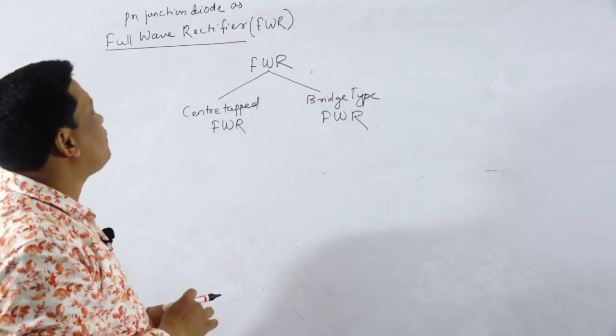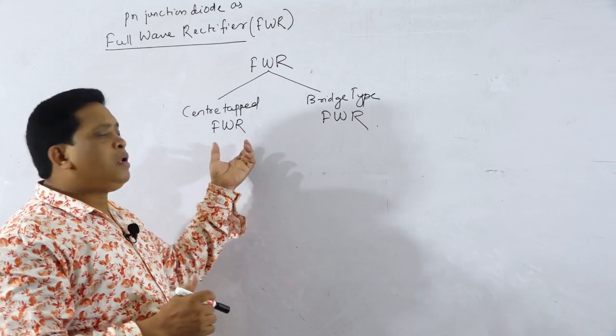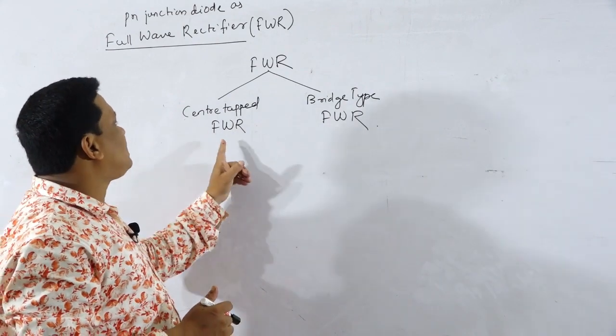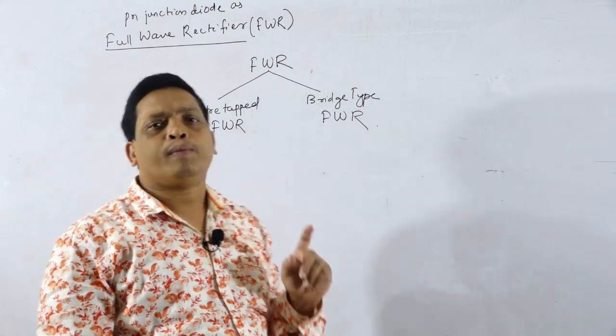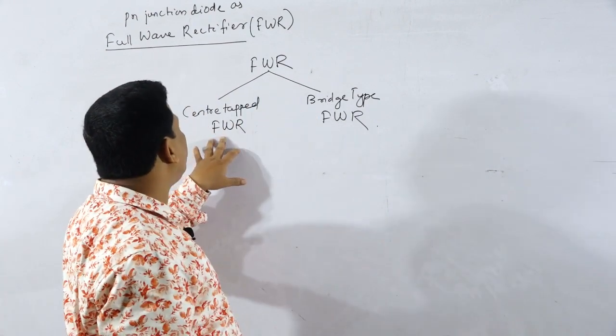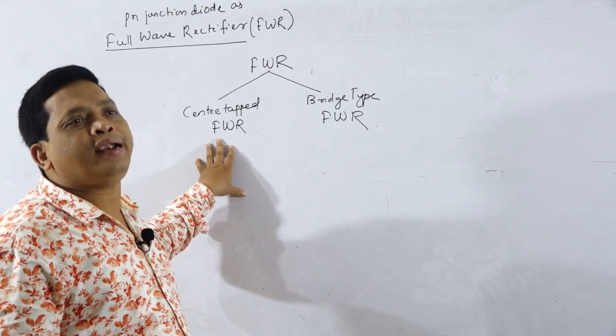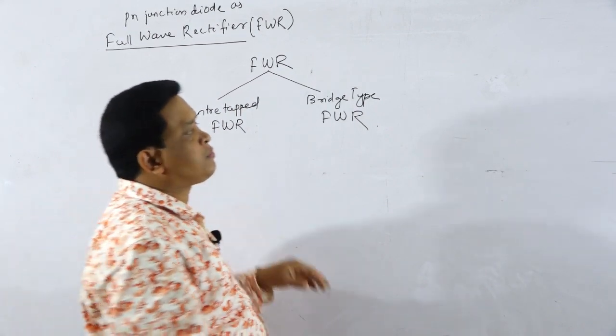Now what is a center tapped full wave rectifier? It is a full wave rectifier in which the load resistance is connected to the center position of the secondary winding of the transformer.